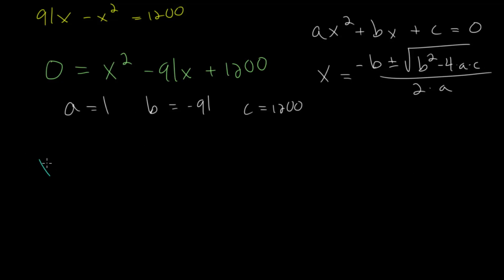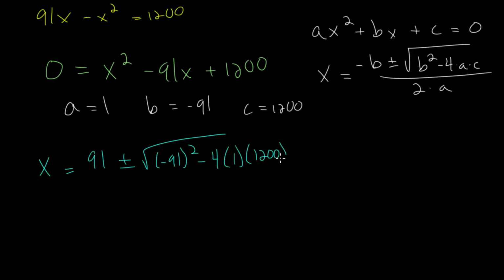So x is the opposite of 91, the opposite of negative 91, so that's positive 91, plus or minus the square root of b squared, we get minus 91 squared, minus 4 times a, which is 1, times c, which is 1200. And keep in mind that b, when we square it, is always going to be positive, whether it starts negative or positive.